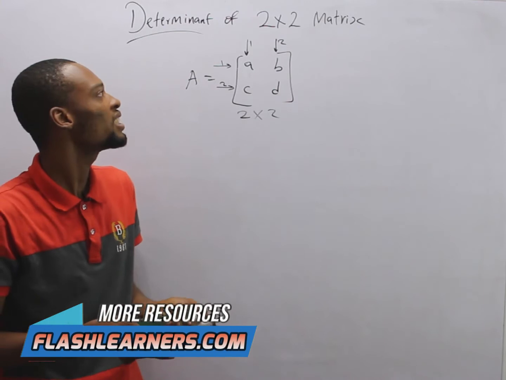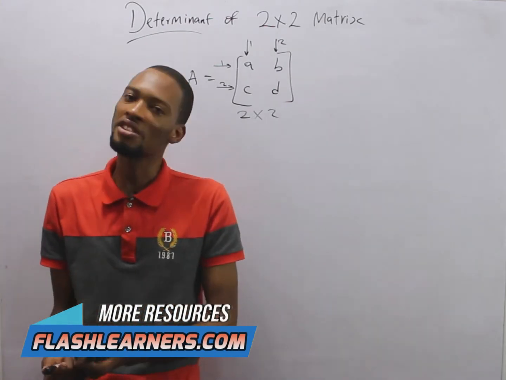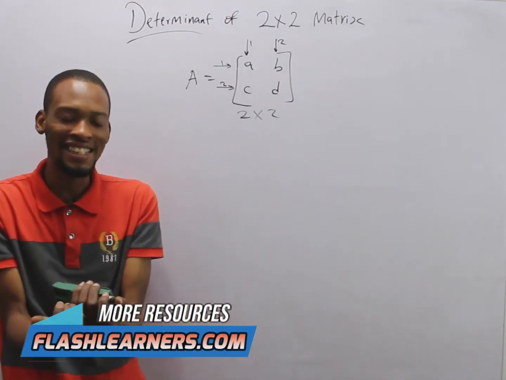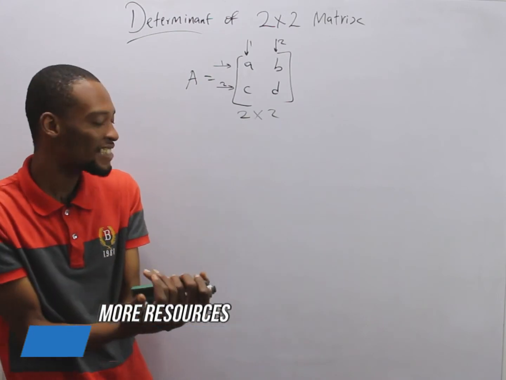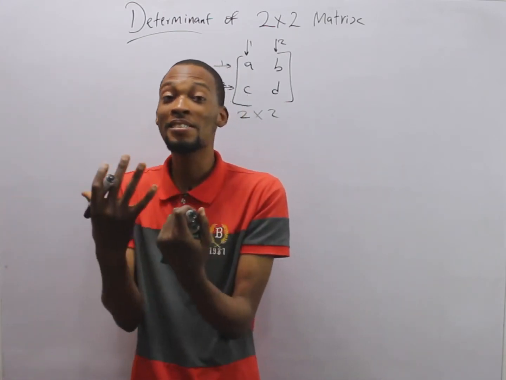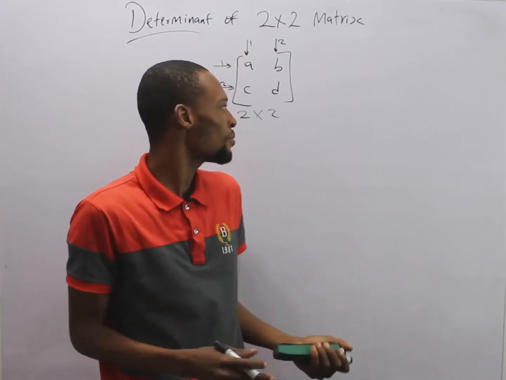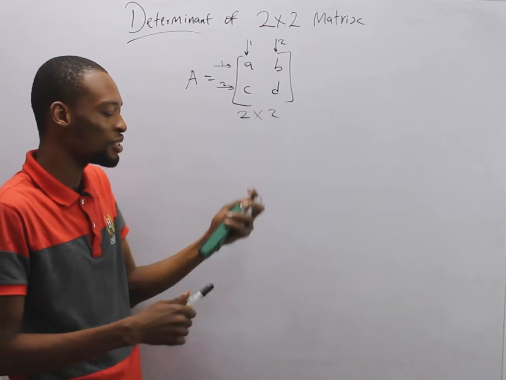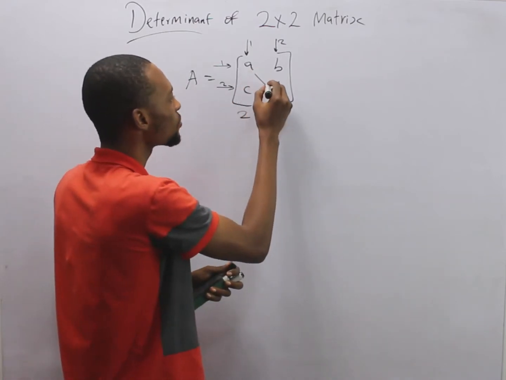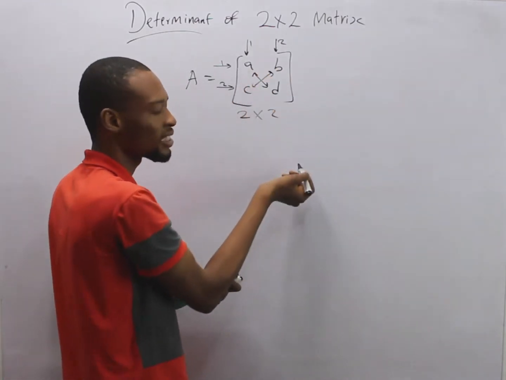Now, calculating the determinant for a 2 by 2 matrix is one of the sweetest things that can happen to you. Yes, because it's very straightforward and accurate. No stress. For example, if you're asked to look for the determinant of this matrix, what you simply do is cross multiply, subtract.